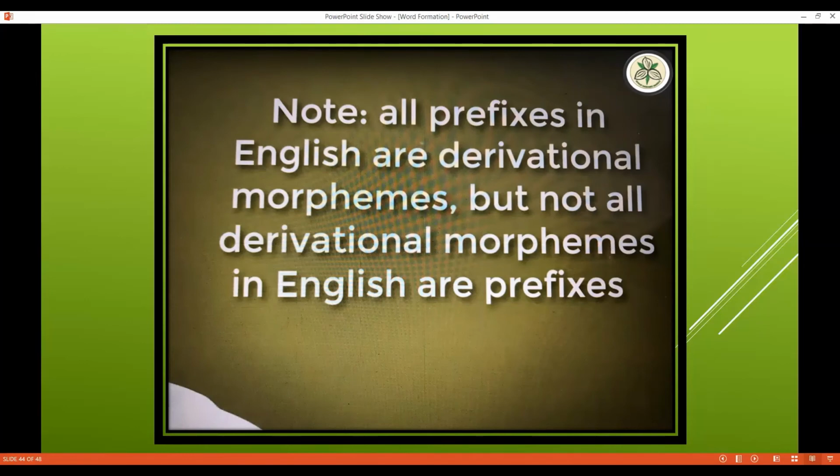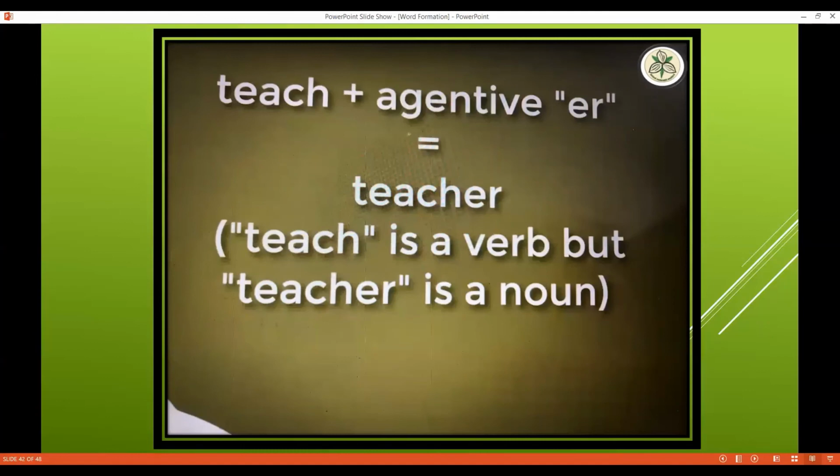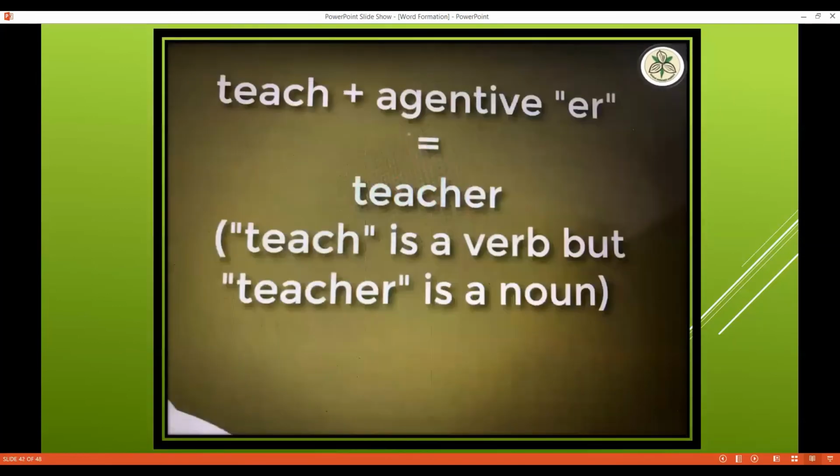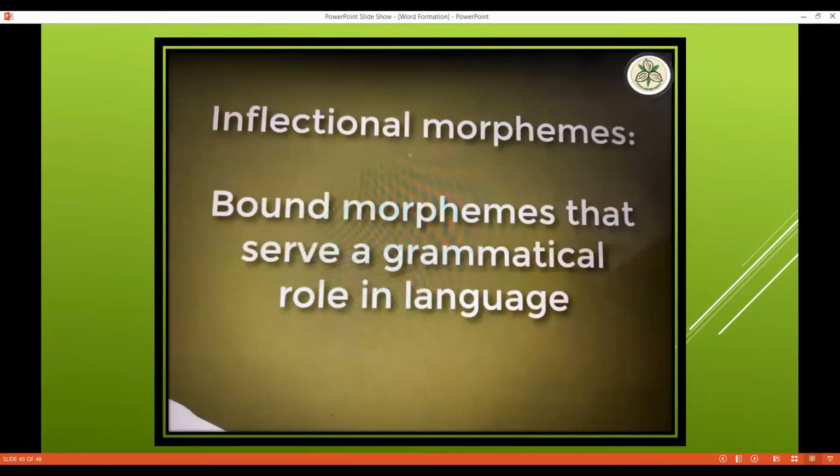All right, let's talk about the other type of bound morpheme, and that is inflectional morphemes. Inflectional morphemes are sort of like functional morphemes, in that they serve a more grammatical function in a language.